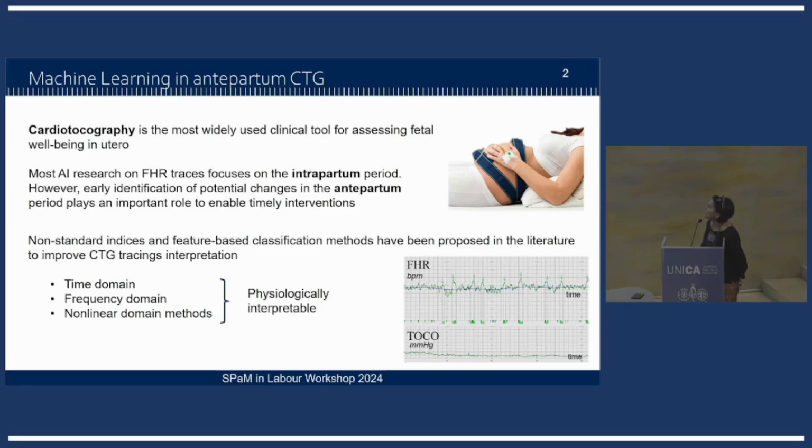So what is the advantage of using this kind of parameter? The main advantage is that these parameters are physiologically interpretable. So the association between the parameters that you can use in the frequency or in the time domain is related.